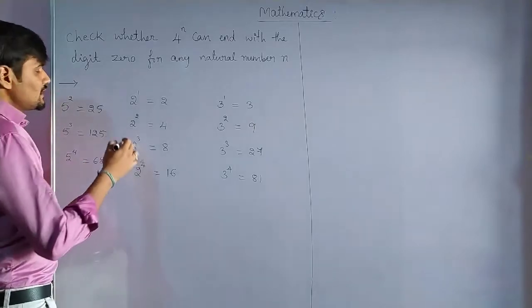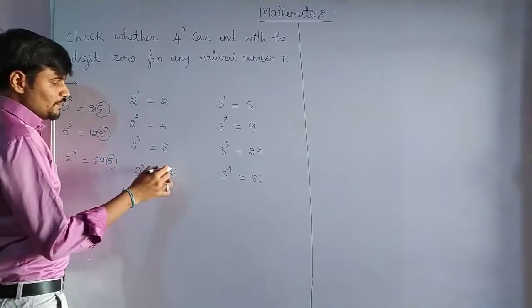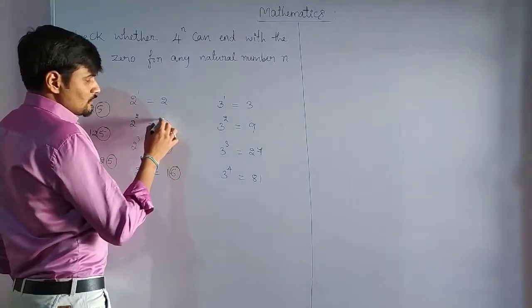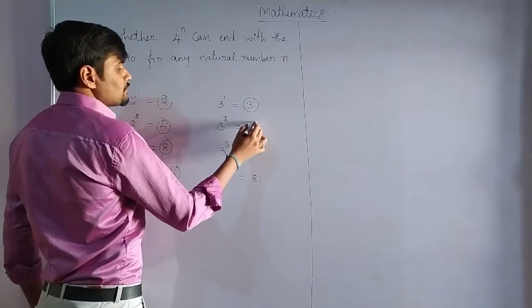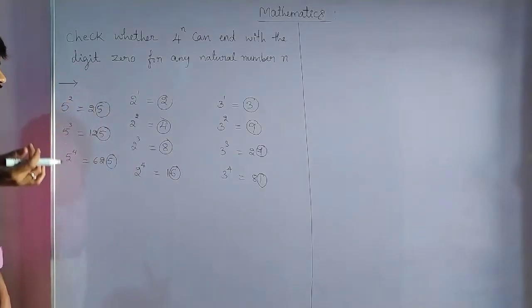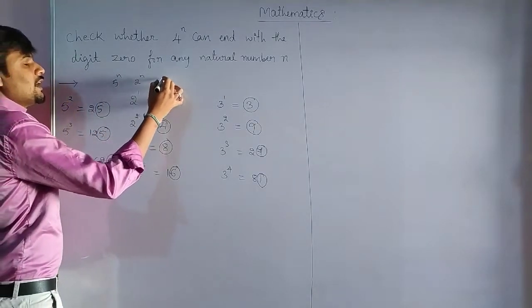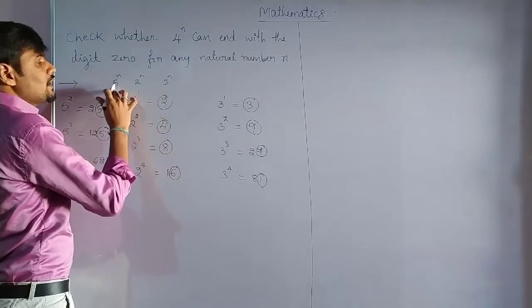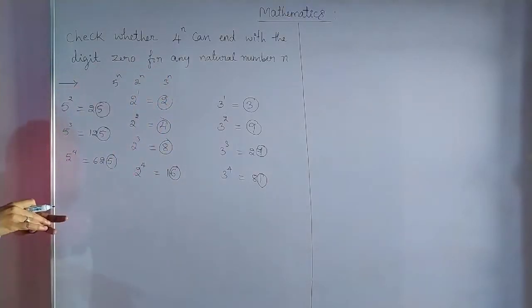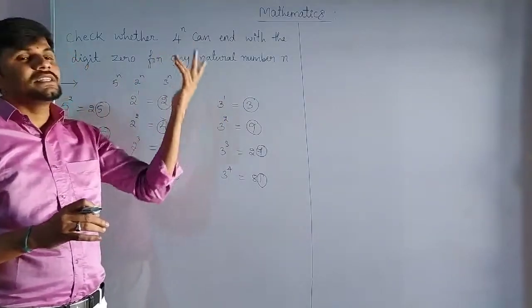Now observe the last digit: these cannot end with the digit 0. So for any natural number n, 5 power n, 2 power n and 3 power n cannot end with the digit 0.